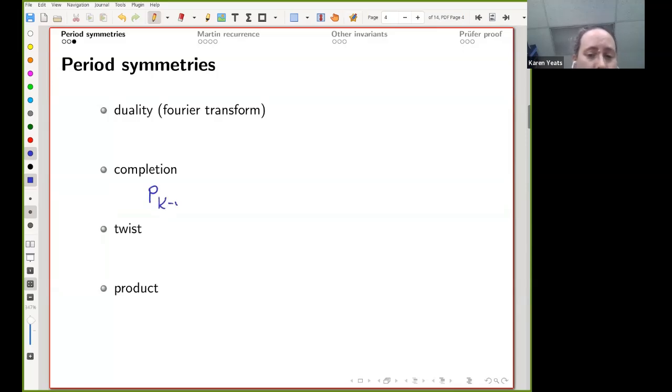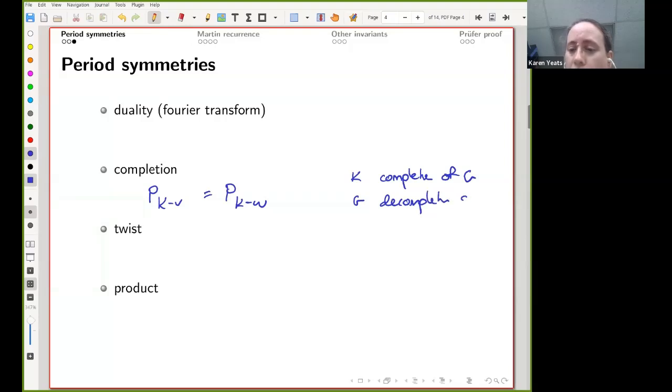So if I take K minus V and K minus W, it doesn't matter. We're going to use this language that K is the completion of G, and G would be a decompletion of K. Of course, the decompletion is not generally unique, so there's no particular reason these graphs should be isomorphic, but sometimes they are.